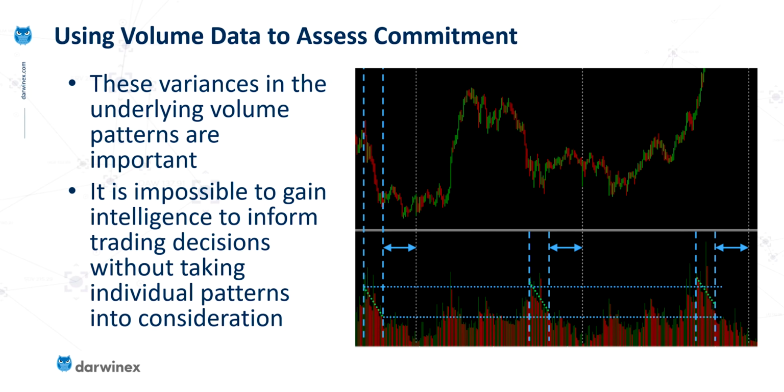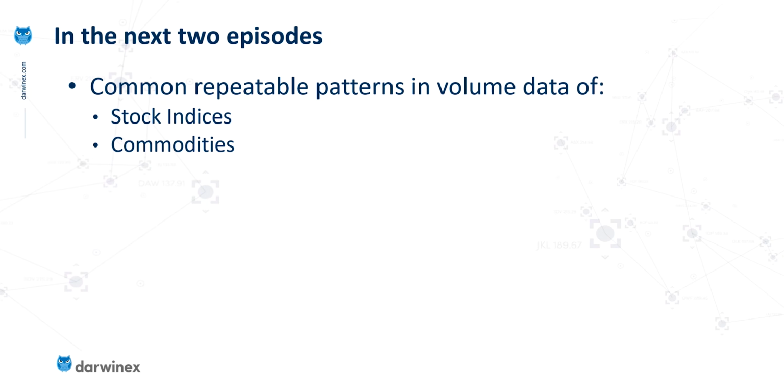So here we've seen that this is important even within an asset class, within the Forex currency pair asset class. But next time, we're going to look at what the common repeatable patterns look like for stock indices and commodities. And here we'll see further differences, which means that when analysing volume data for these in comparison to Forex, it's even more important to take into consideration those differences.